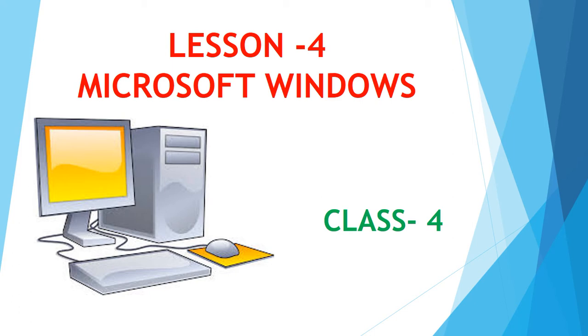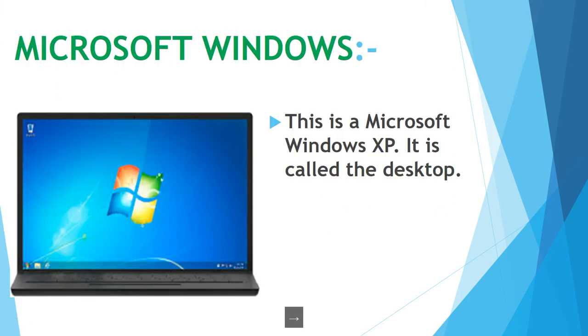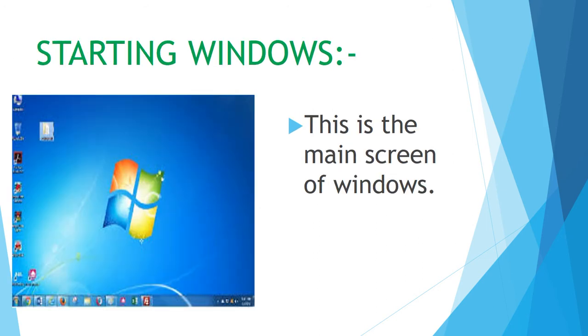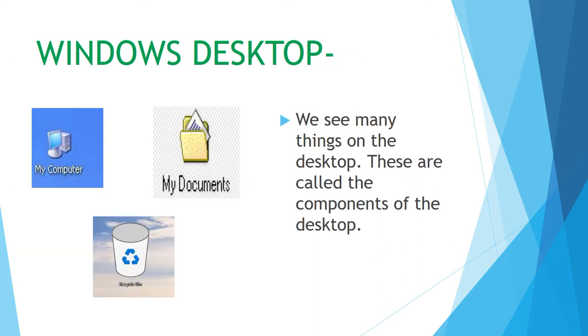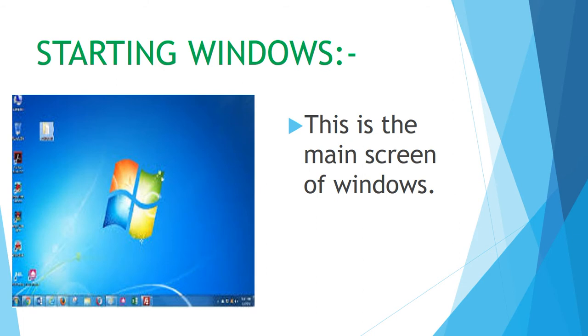We can use it to carry out calculations, play games, etc. Okay. First is starting Windows. When a computer is switched on, Microsoft Windows gets loaded by itself on the computer. The opening screen of Windows XP looks like this.